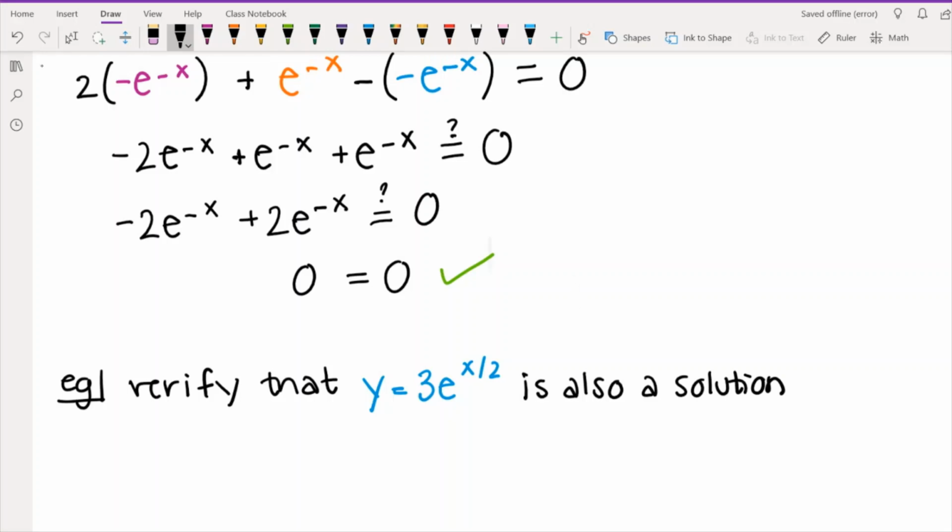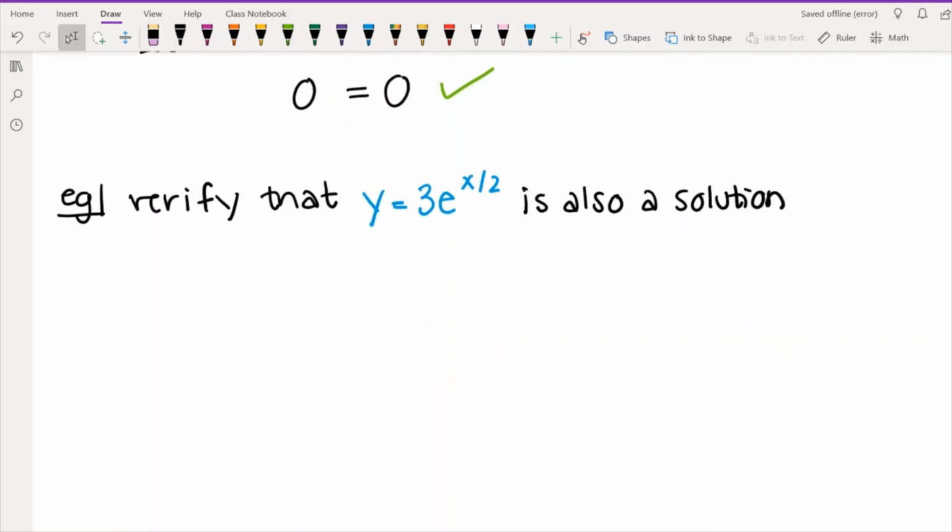So again, let's go through and write down our derivatives. The original one was y is equal to 3e to the x over 2. The first derivative, what color did I use for that? Orange, I think. So the first derivative would be 3, and then when we use the chain rule, we get a 1/2 from the exponent.